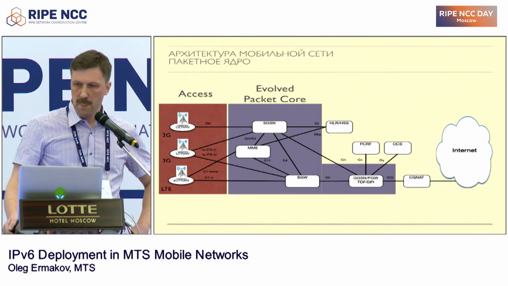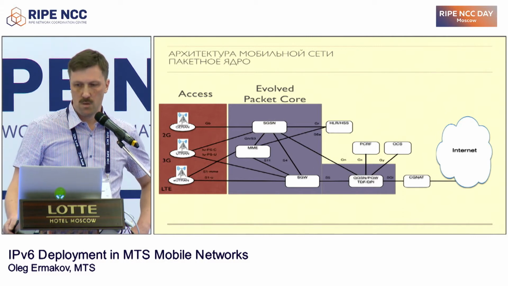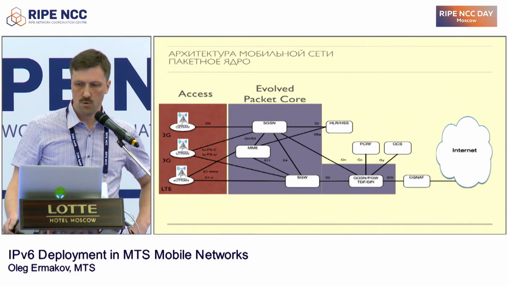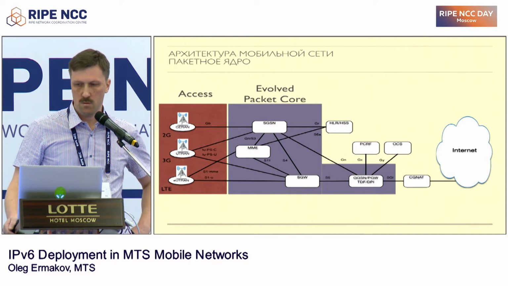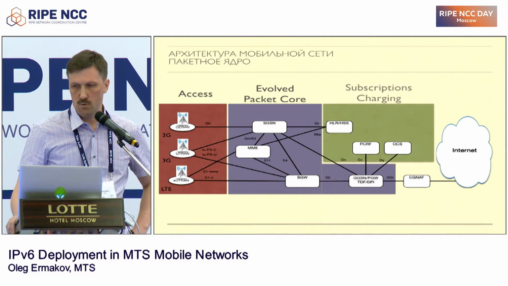In LTE, we use MME, Mobile Management Entity. It's a little device, a box, that monitors the state of the subscriber in the network. It manages handover between different access points, and it also decides where the traffic of the subscriber should land.